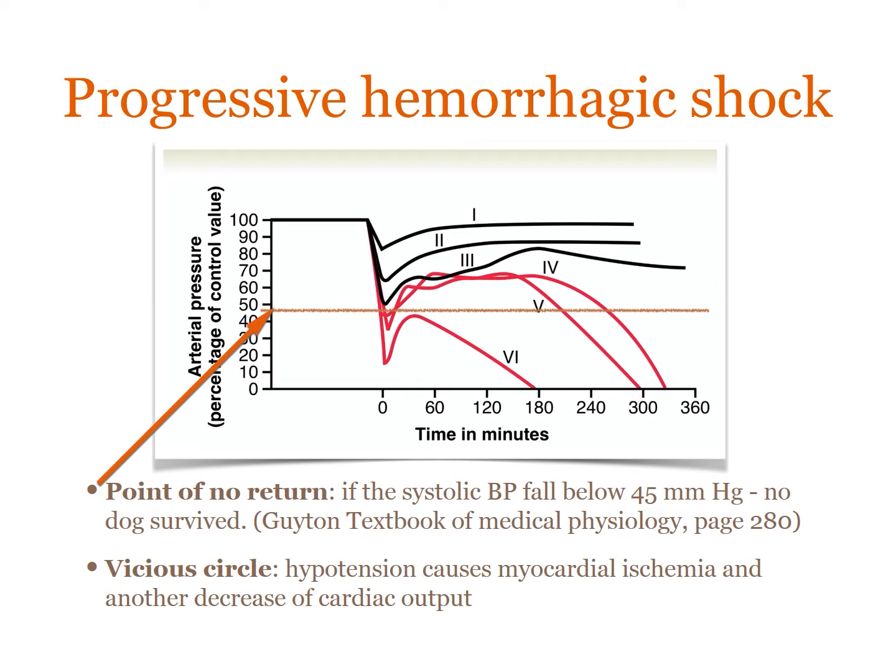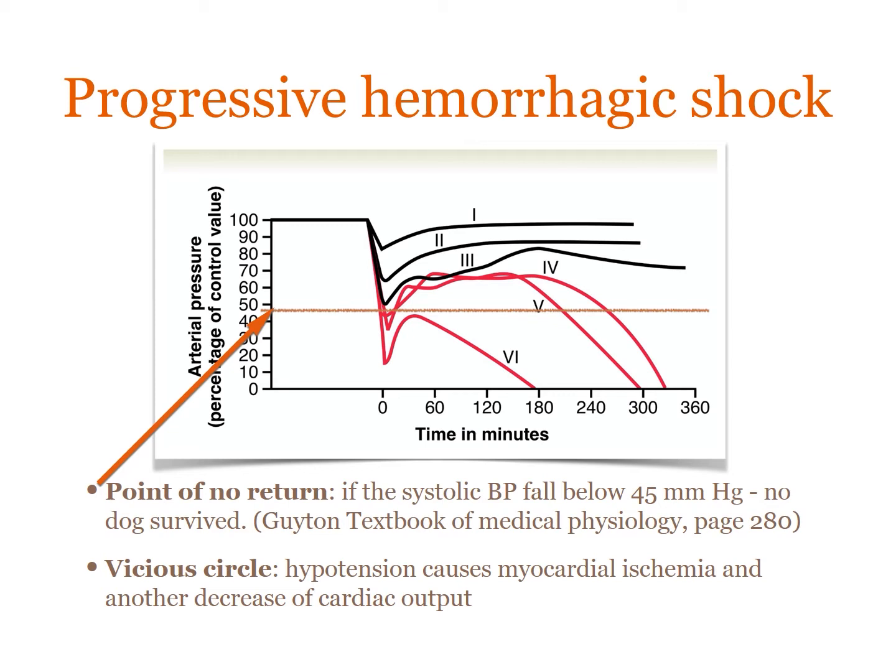This figure shows an animal experiment that demonstrates the effect of different degrees of sudden acute hemorrhage on the subsequent course of arterial pressure. The animals were anesthetized and bled rapidly until their arterial pressures fell to different levels.